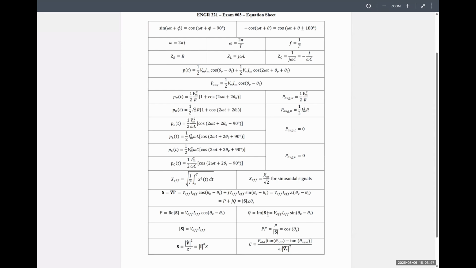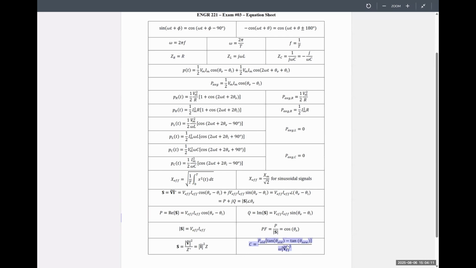Reactive power is the imaginary part of complex power. Apparent power is just the magnitude of complex power. And then we're getting into power factor relationships that we're about to talk about. Here are the alternative relationships that we just derived. And then this equation right here, we're going to learn about on Friday.